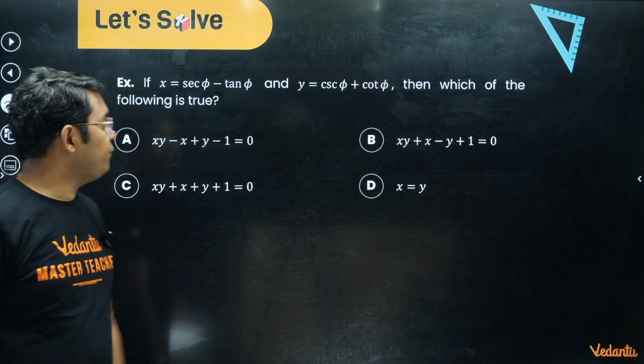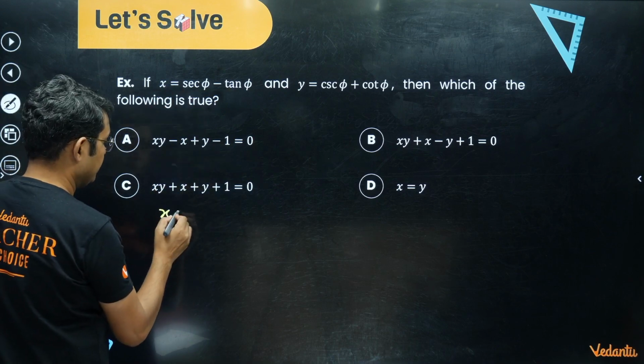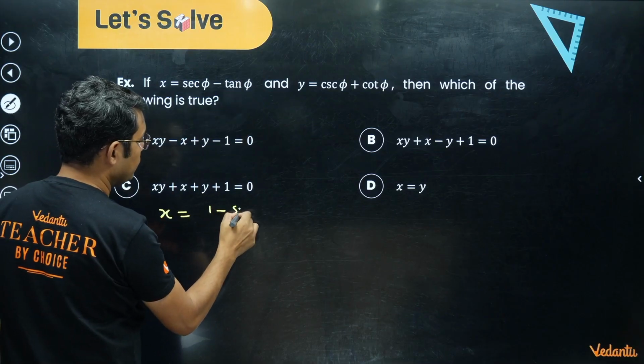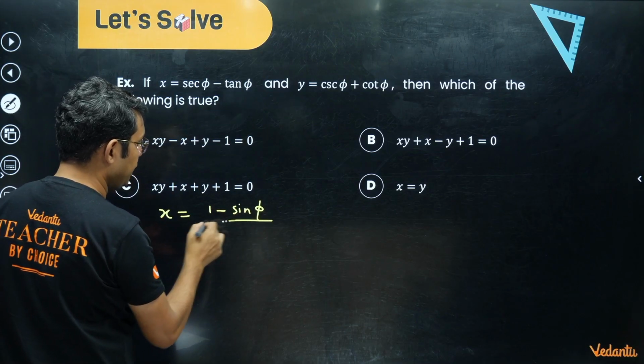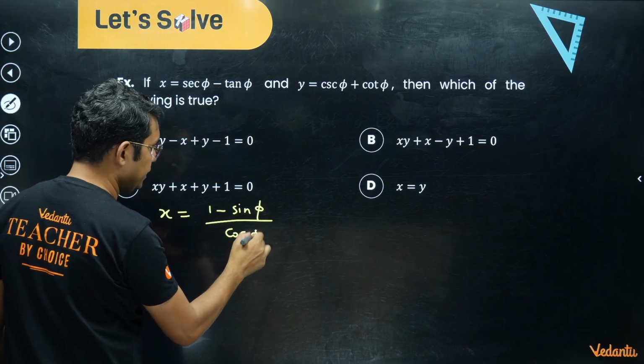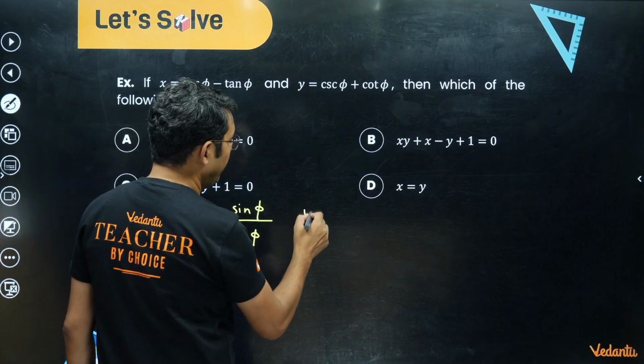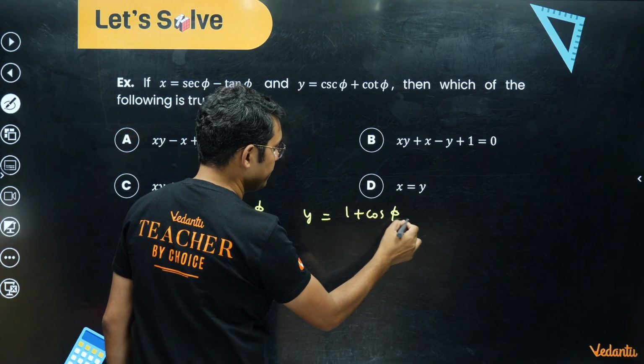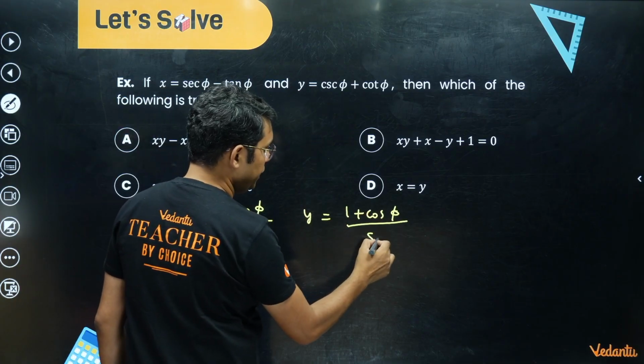First of all, if I write x, it will be 1 upon cos minus sine upon cos. So 1 minus sine phi upon cos phi, I can write it. Similarly, y can be written as 1 plus cos phi upon sine phi.